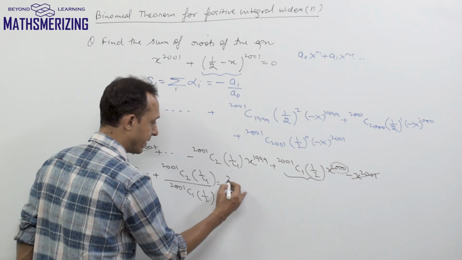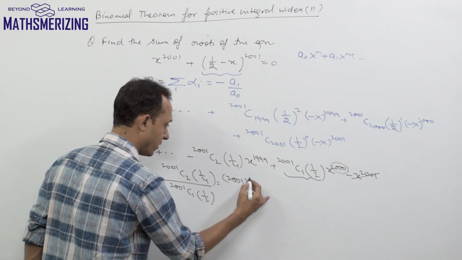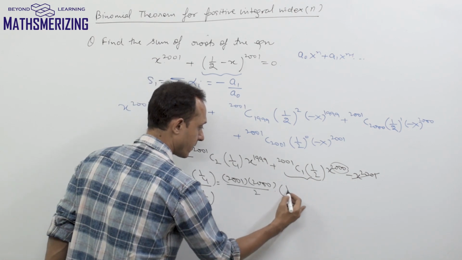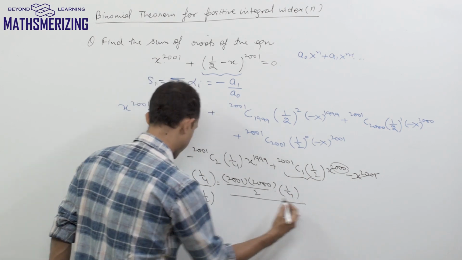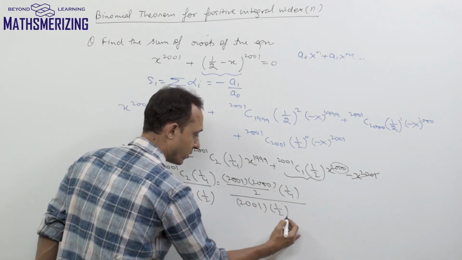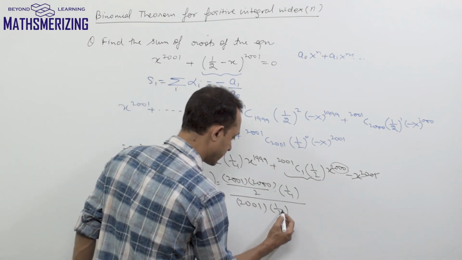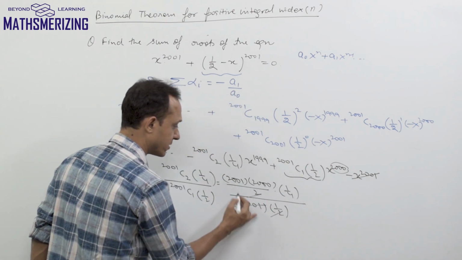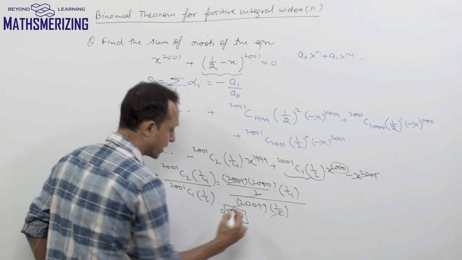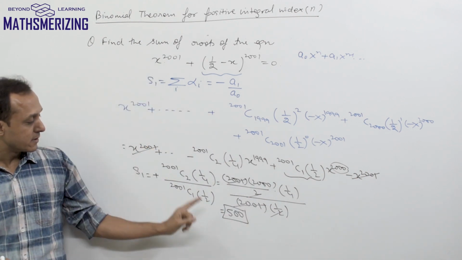So I'll write 2001 into 2000 divided by 2 into 1 by 4, and here 2001 into 1 by 2. The 1 by 2 will get cancelled, and 2001 will get cancelled. So I'll get 500. So the sum of all the roots of this equation is 500.